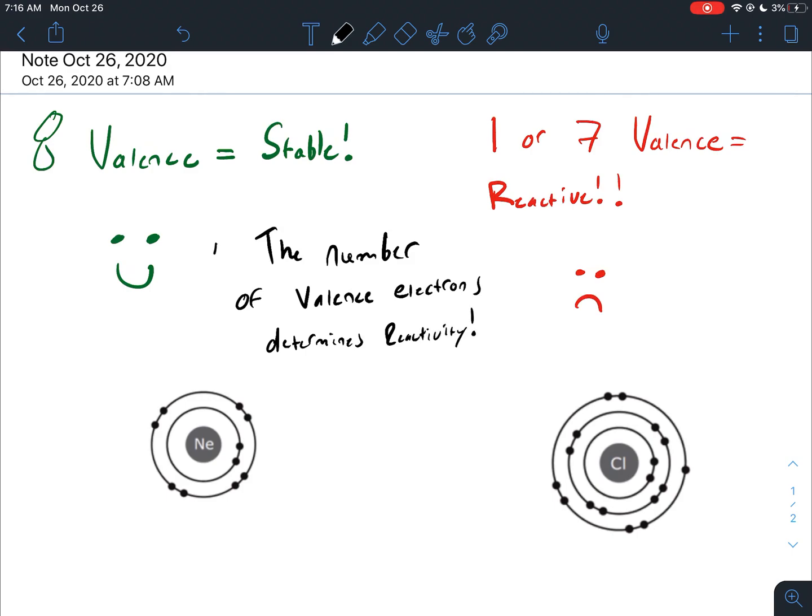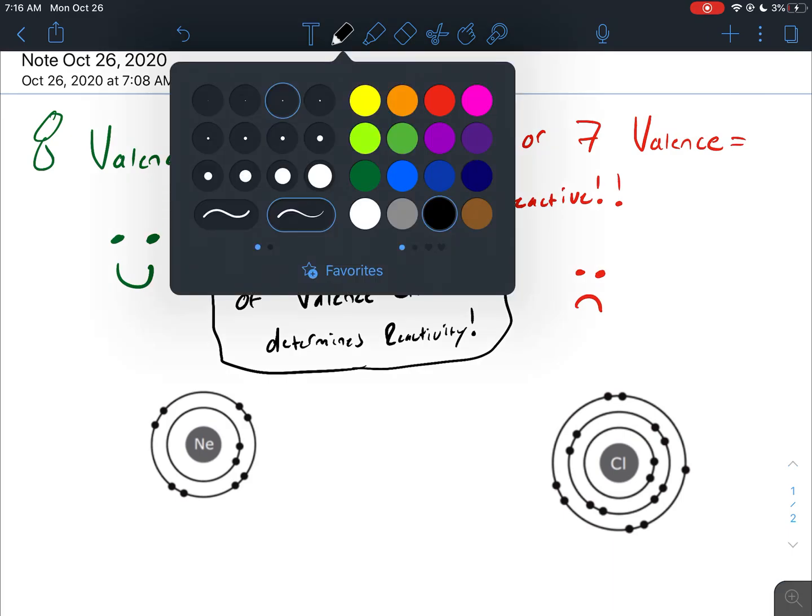That should be in the upper left of your graphic organizer of your notes. Please take a moment here to pause the video and write that down, that the number of valence electrons determines reactivity. And to understand what a valence electron is, we have to first understand something called energy shells.